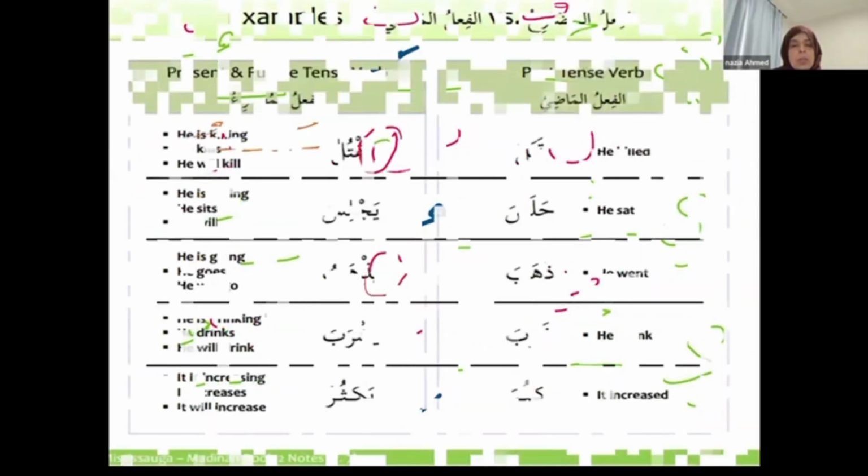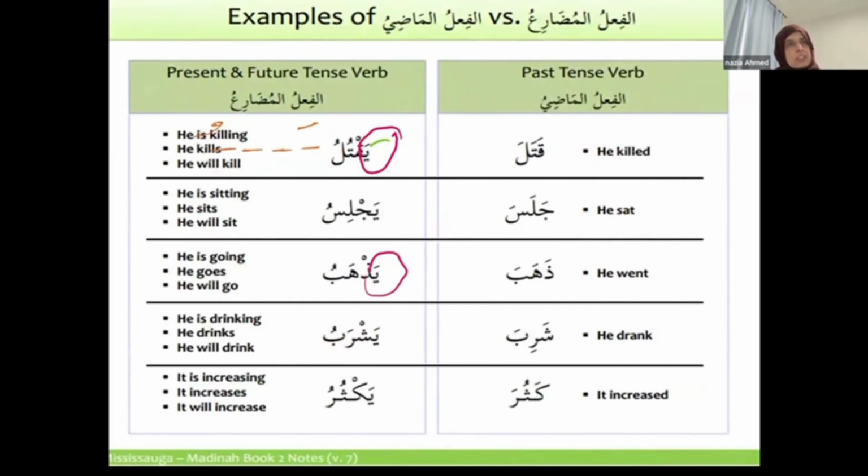Now, let's see how much you have understood. Now, I want you to look at these words, 1, 2, 3, 4, 5. Tell me which one is made by using Bab Nasara conjugation. The first one and the last one, good girl.